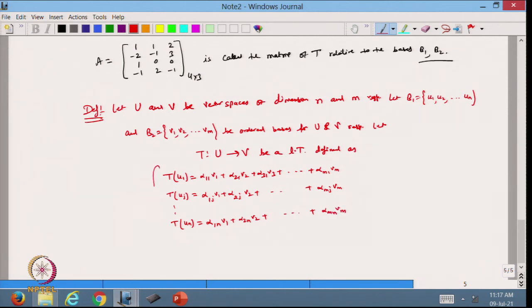So, this is how the linear transformation is defined.